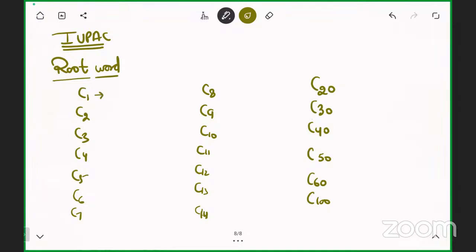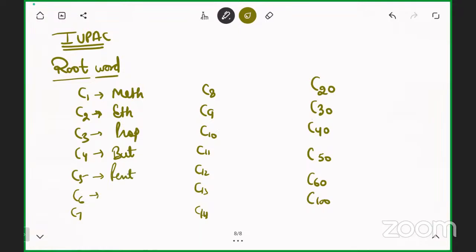C1: meth. Second, eth. Then third one, prop. C4, but, only but. C5, pent.